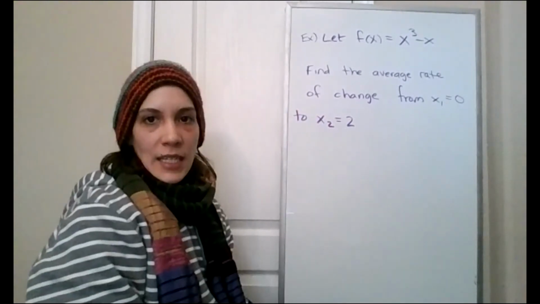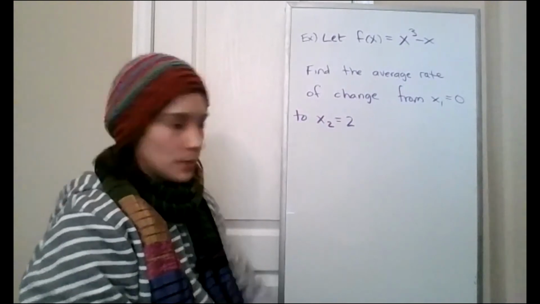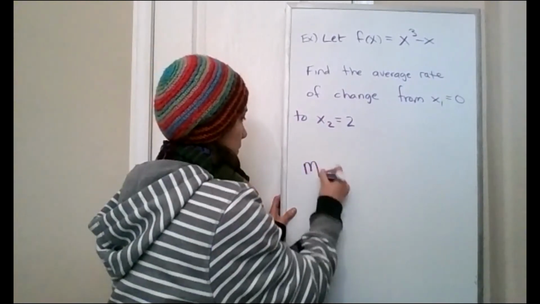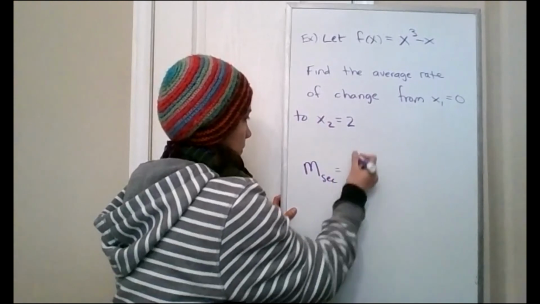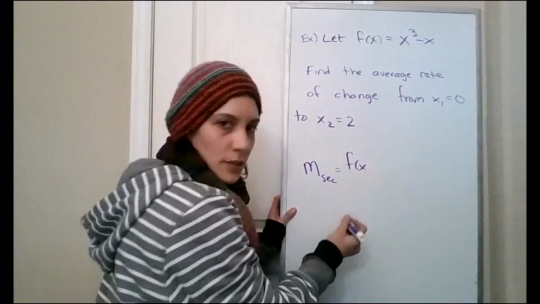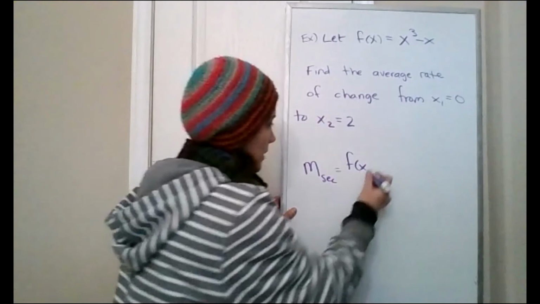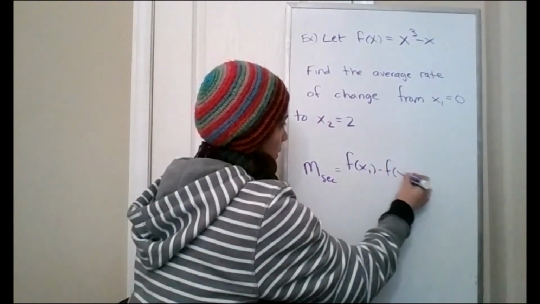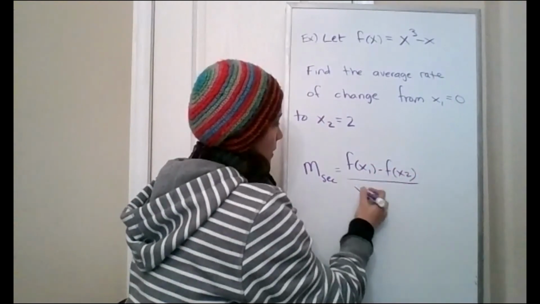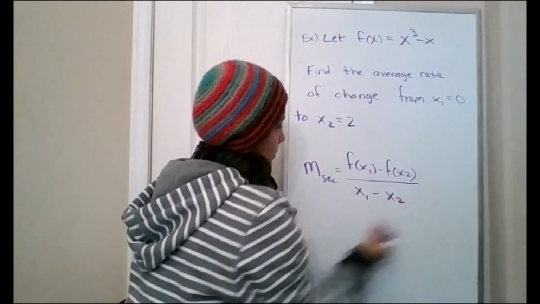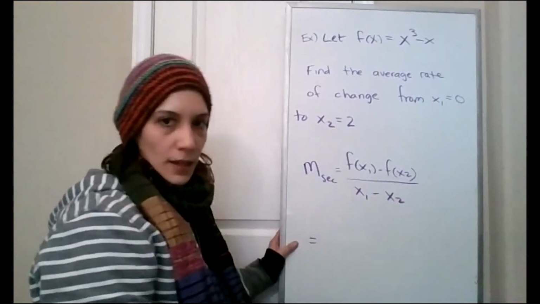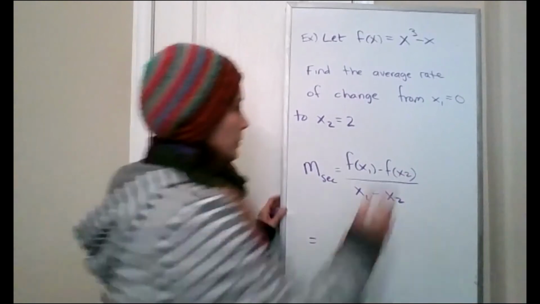So we're finding the slope of the secant line, m sec. Just a slope, f(x1) minus f(x2) over x1 minus x2. Let's do some scratch work.